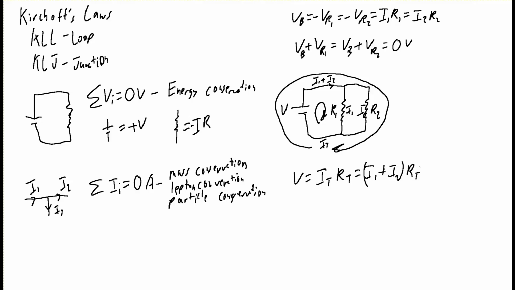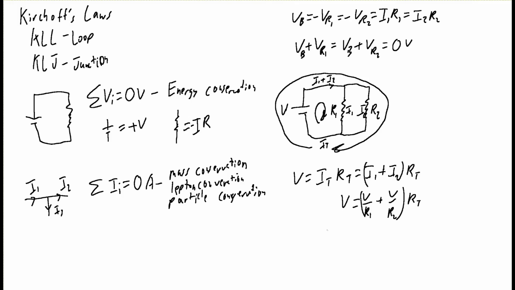I1 is equal to V divided by R1, so that becomes V over R1 plus V over R2, and this is equal to R total. That's equal to V. We got exactly where I want to go. Divide the R total to the other side, and then cancel out all the V's.